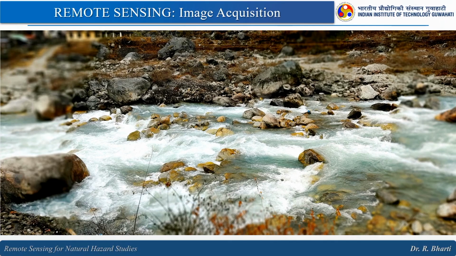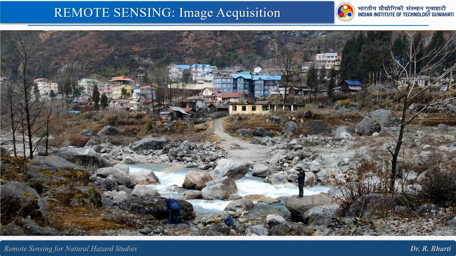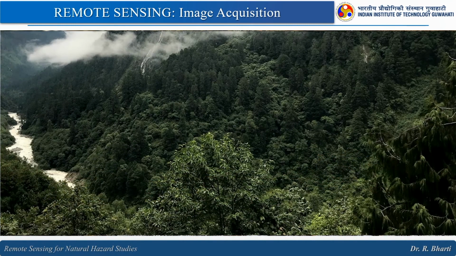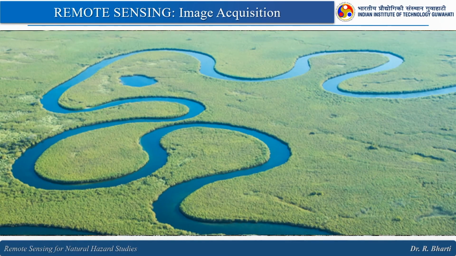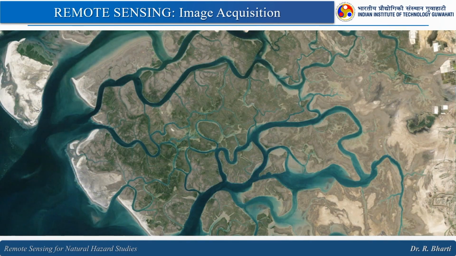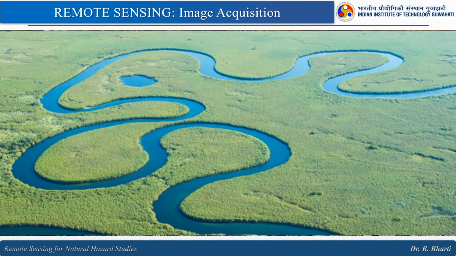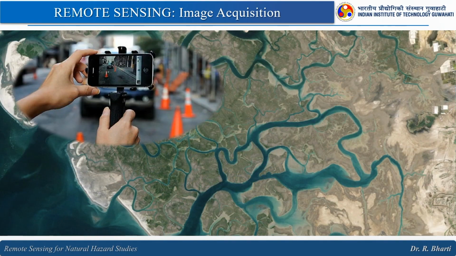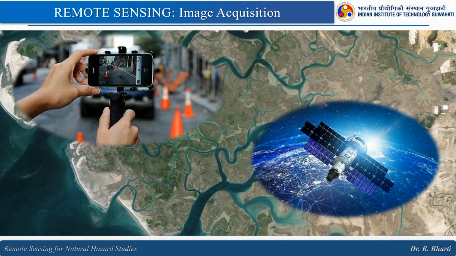The distance between the object and the data acquisition system. So as you go far from the data acquisition system, what happens? You will cover a larger aerial coverage, right. You will have better aerial coverage. So that is what I meant here. So here you have two different modes of data acquisition.